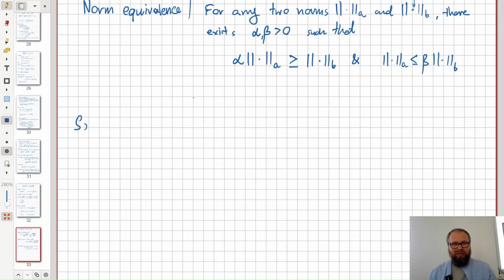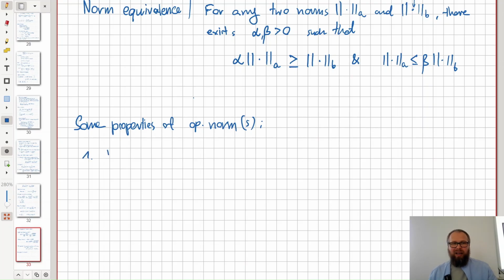Some properties of operator norms. Some are unique for the standard norm, some are universal.